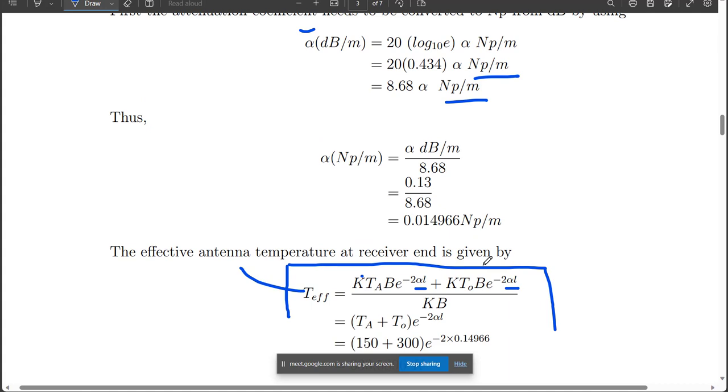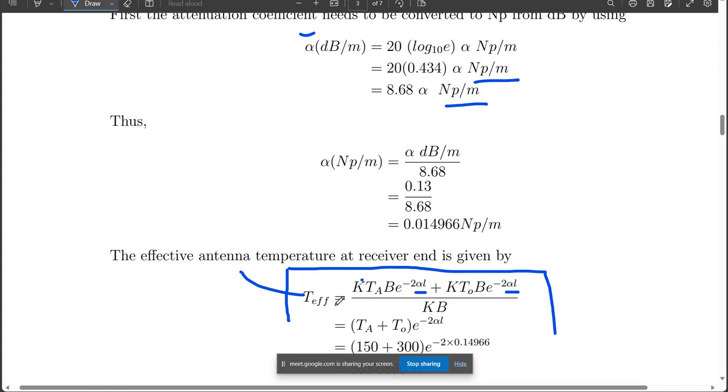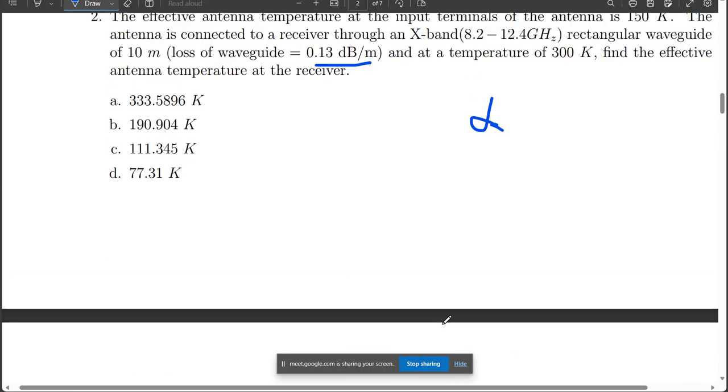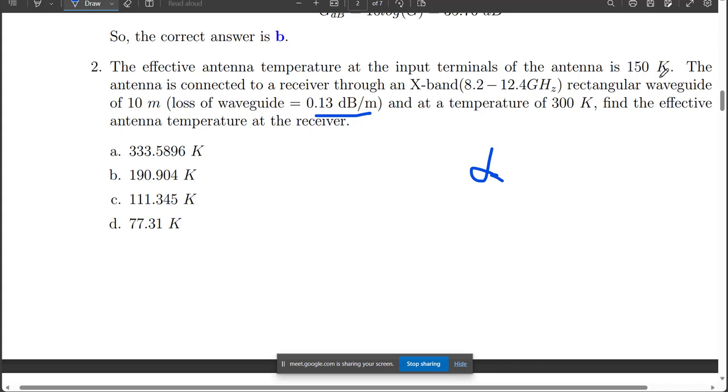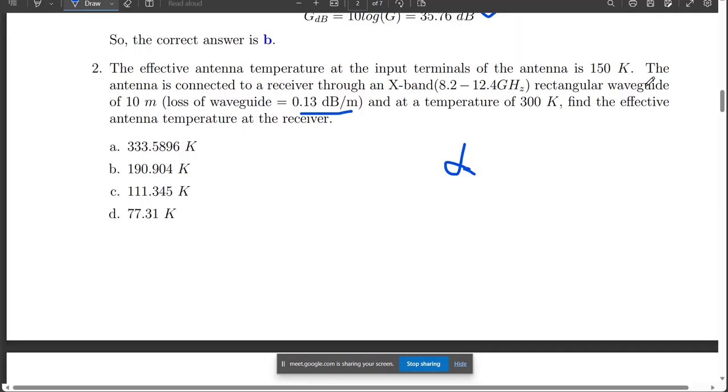B is again bandwidth. You don't need to find out bandwidth because T effective can directly be written as this divided by KB. So K and B will get cancelled, and you will get T effective equals TA plus T naught times e to the power minus 2 alpha L. The value of L is how much? 10 meters, right?